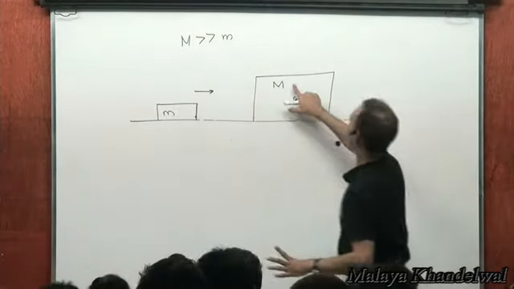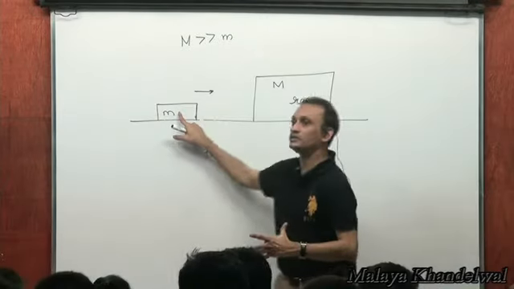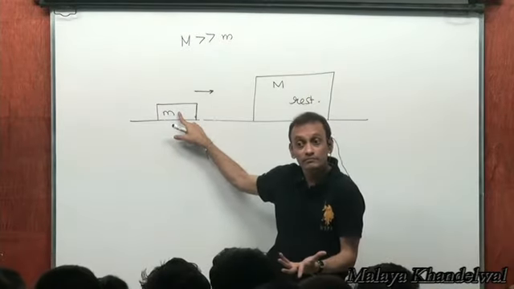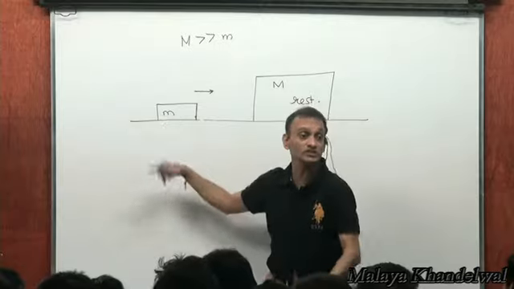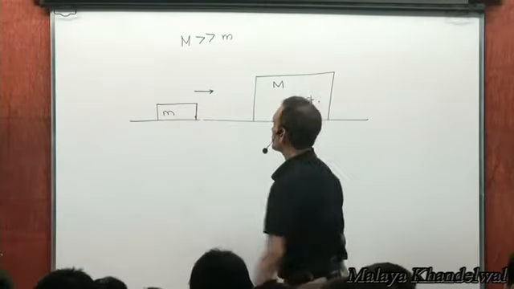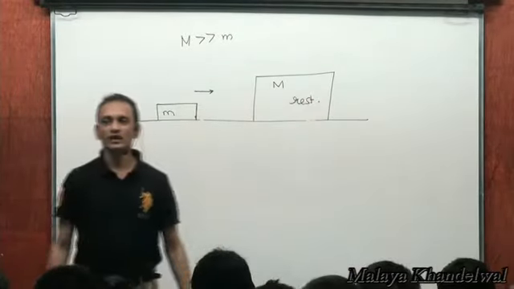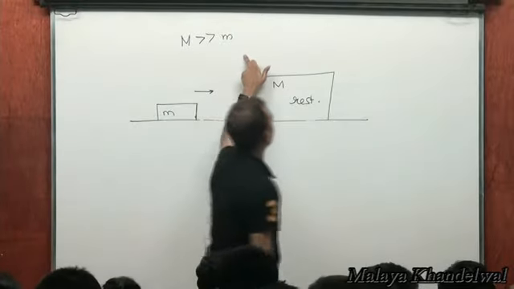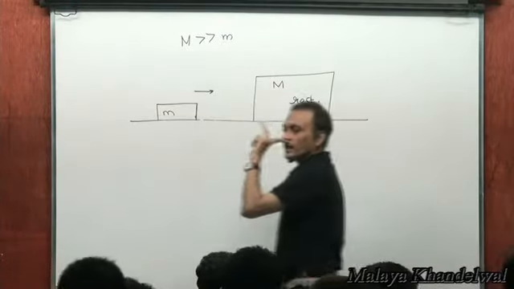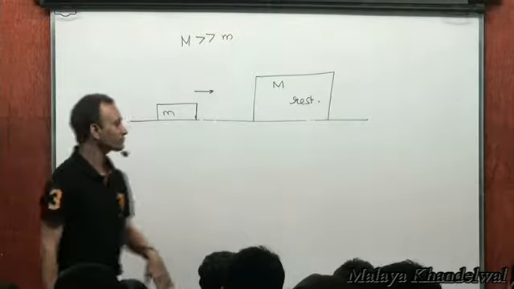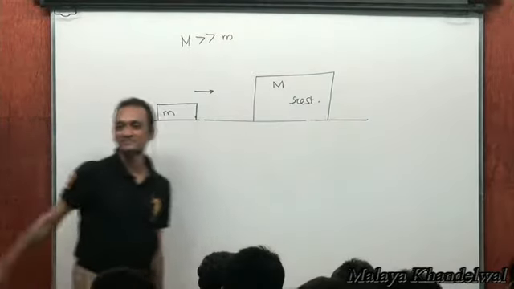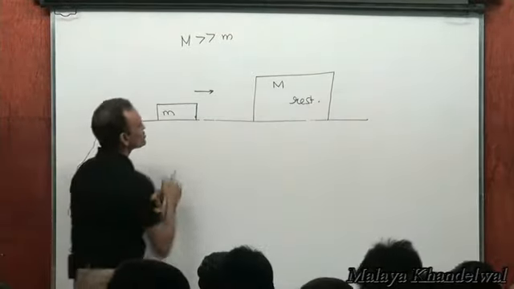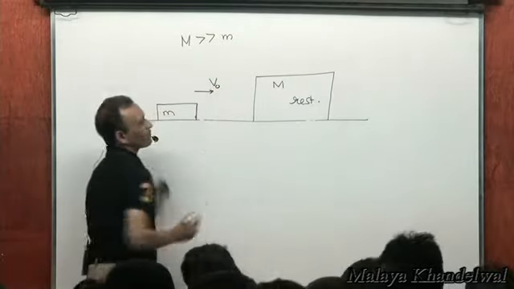It could just be 2 kgs and the other could be just a milligram, and then even 2 kgs is heavy. So capital M is much larger compared to small m, and this small m charges into capital M with a velocity v naught, say.